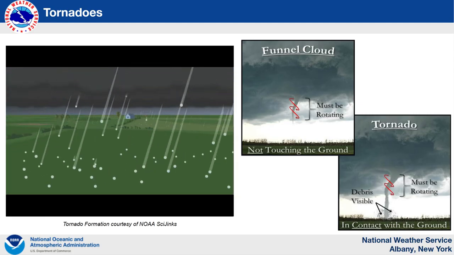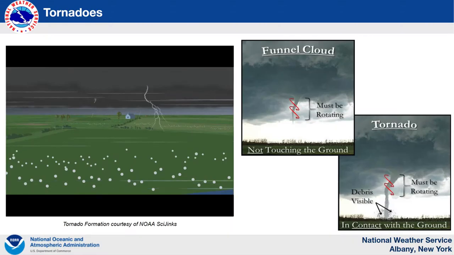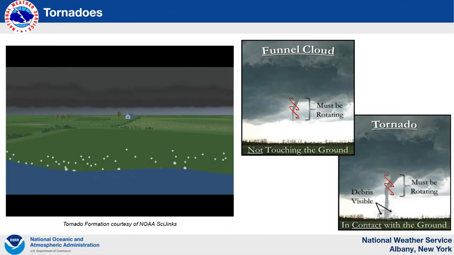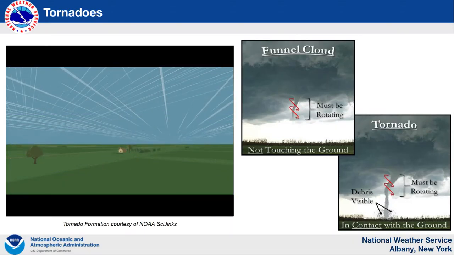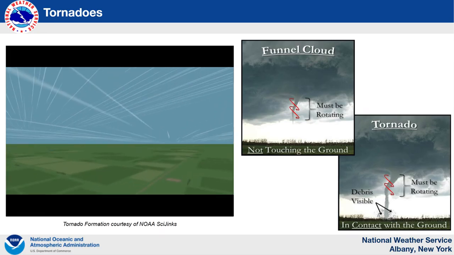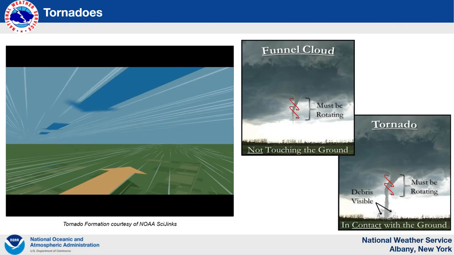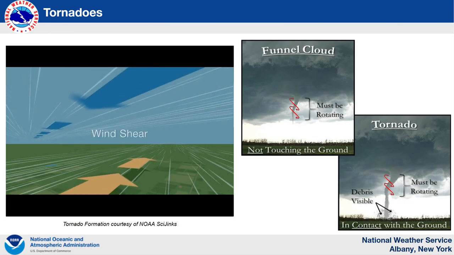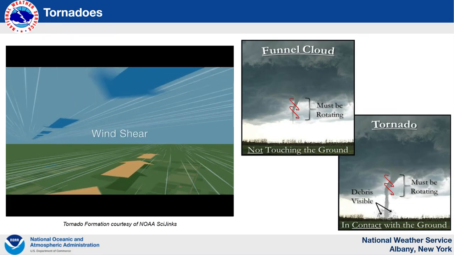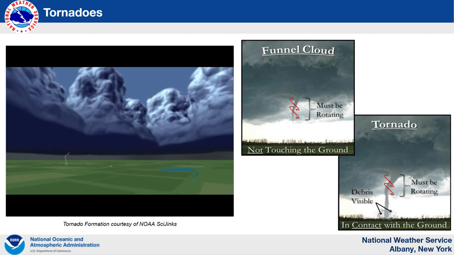They can bring damaging hail, strong winds, lightning, and flash floods. Supercells form when air becomes very unstable and wind speed and direction are different at different altitudes. This condition is called wind shear. Wind shear is common in the formation of most thunderstorms.